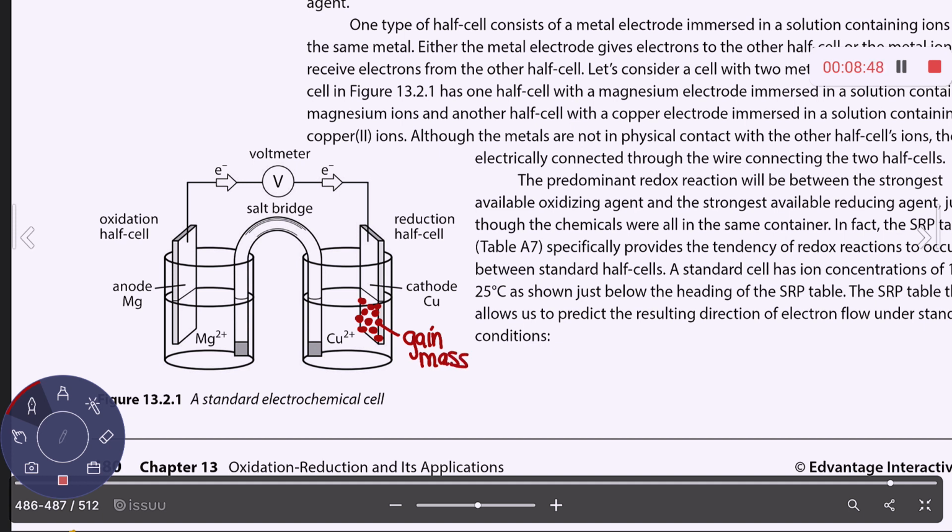And then you'll see this electrode start to decrease in mass. So it will start to get smaller. So parts of it will start to disappear. Like this part, these would just disappear, and then you would produce more of these magnesium ions in the solution. So this one loses mass. Okay? And then turn to the next page when you're ready.